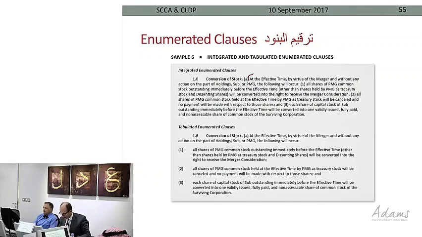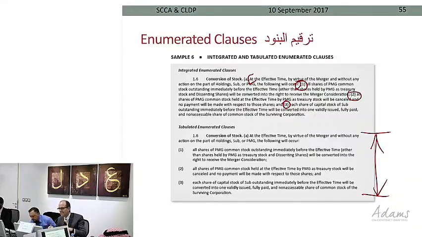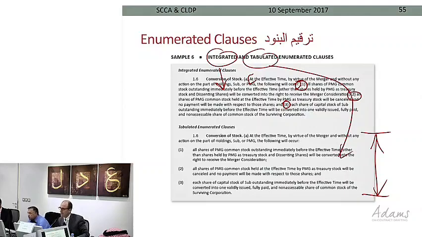So here, for example, you have a little introductory phrase, and then you have 3 parallel segments. It can make the segments easier to read if you enumerate them like that, but it can also make them easier to read if they're long enough if you break them up by tabulating them. So these are all enumerated clauses, but these are integrated. This is the integrated version, and this is the tabulated version.